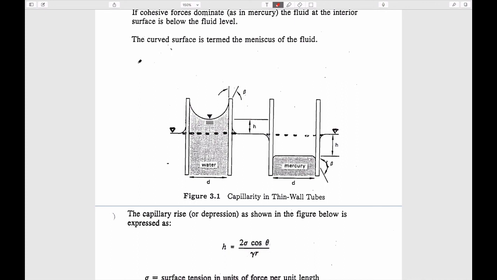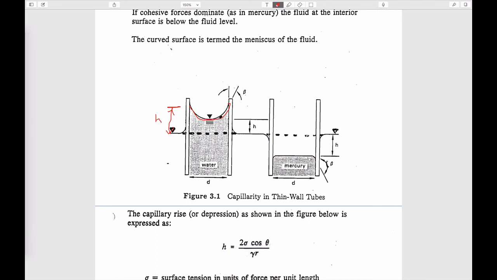The other manifestation of that is if you take a capillary tube and you dump it into water, then there'll be a rise of fluid within that capillary tube, which will be higher than the location of the free surface, this value h here.